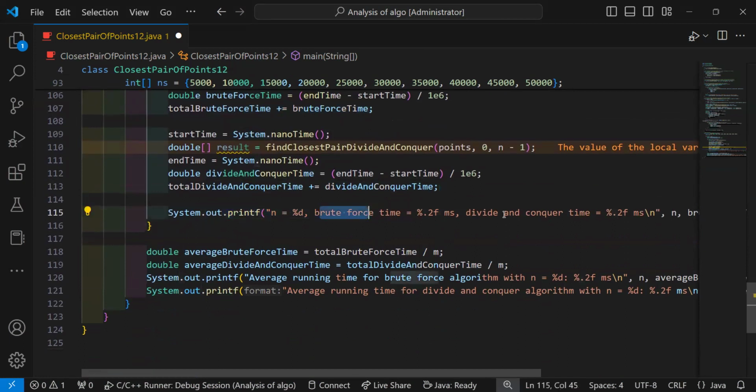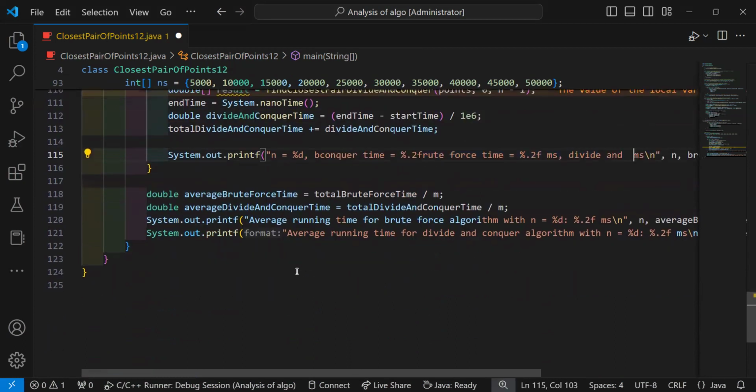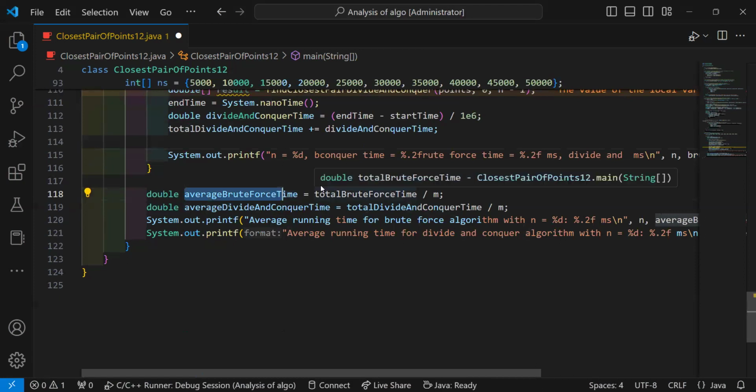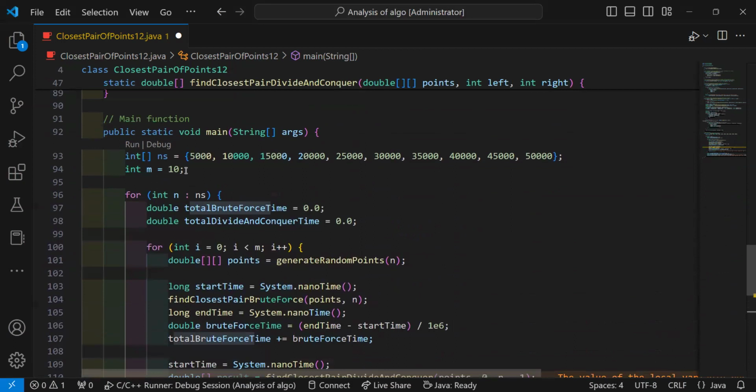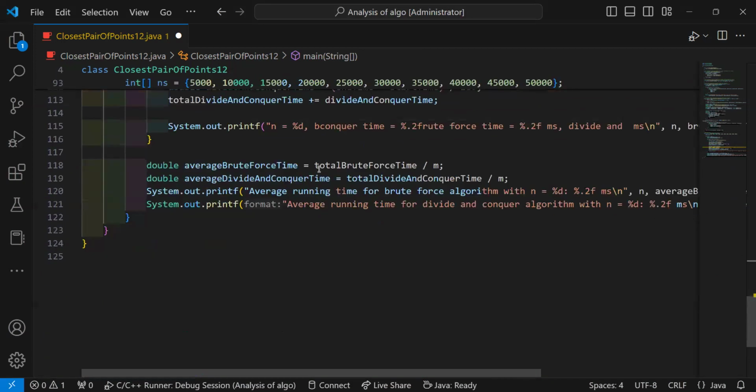It prints the brute force time and the divide and conquer time. For finding the average running time for both algorithms, I use the variable average brute force time, which is equal to total brute force time divided by m, which is 10 iterations here. And it generates the average running time for divide and conquer and the average running time for the brute force algorithm.